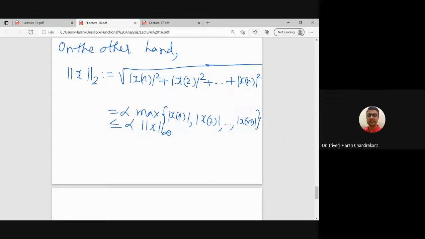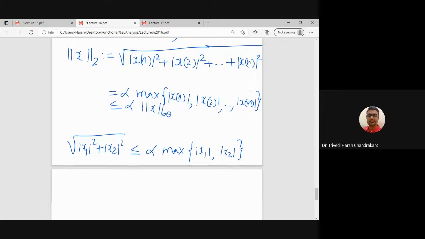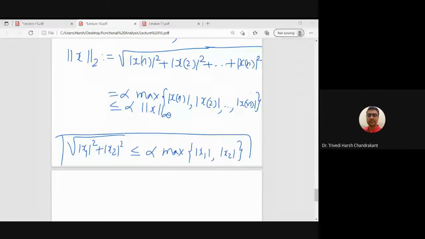Just try for 2. Suppose we have mod x1 square plus mod x2 square. Can we have it less than alpha times the maximum of mod x1, mod x2? If that is true, what is alpha? Now this is a very simple question. You are studying optimization.